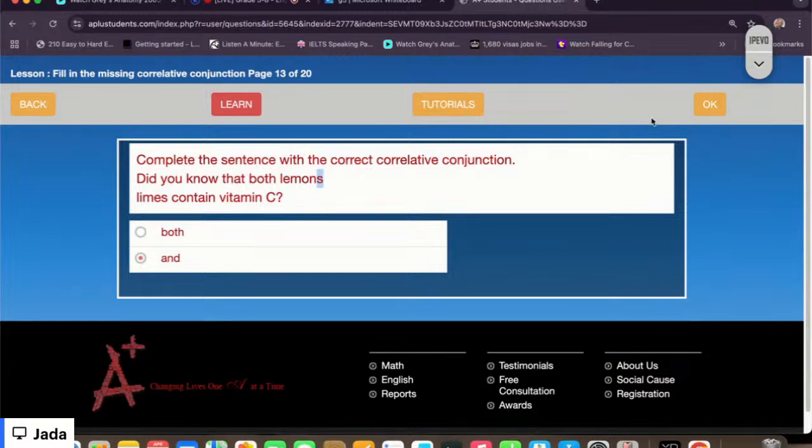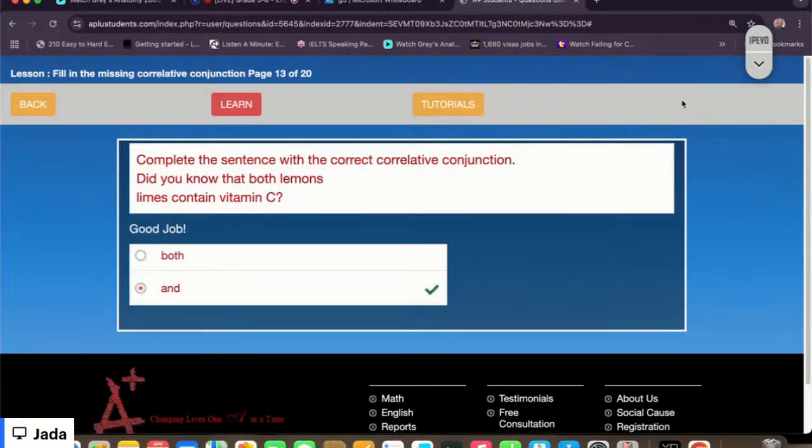All right, so and. So yeah, that's it for our lesson on the correlative conjunction.